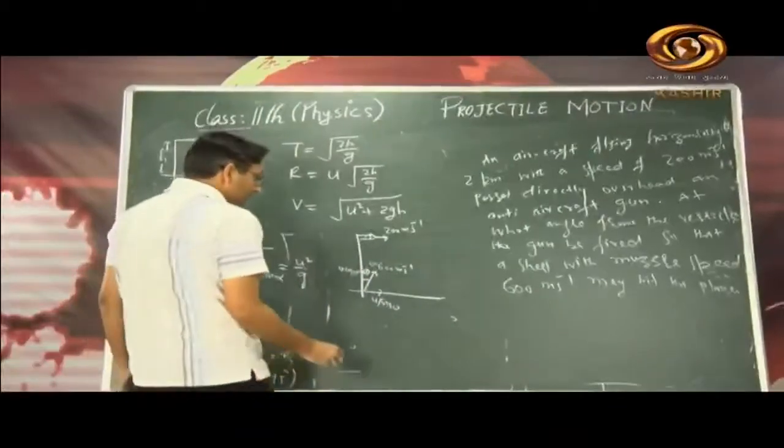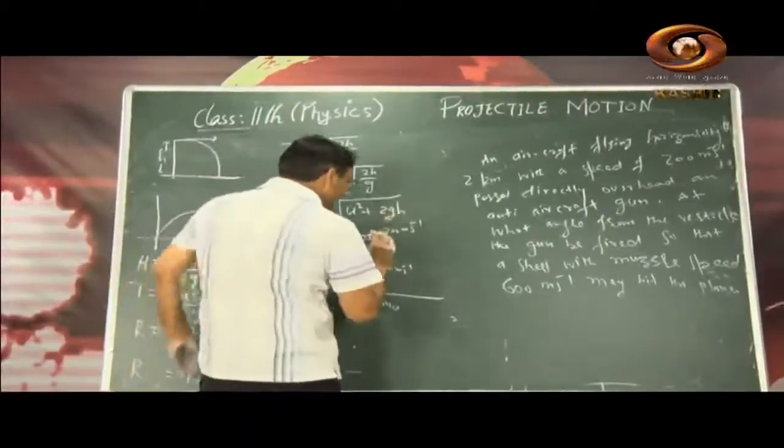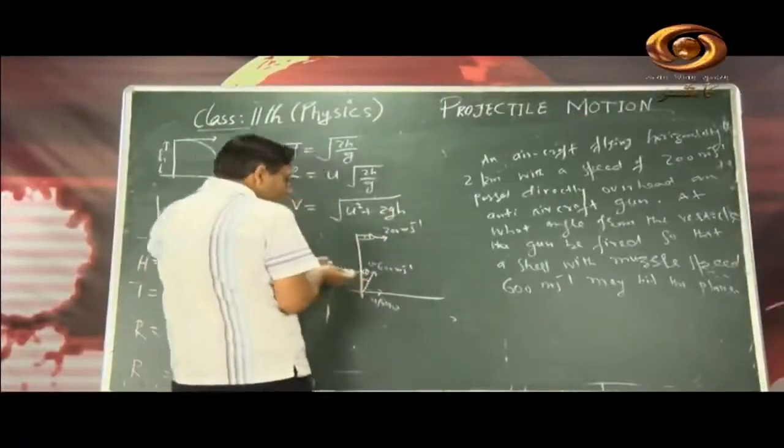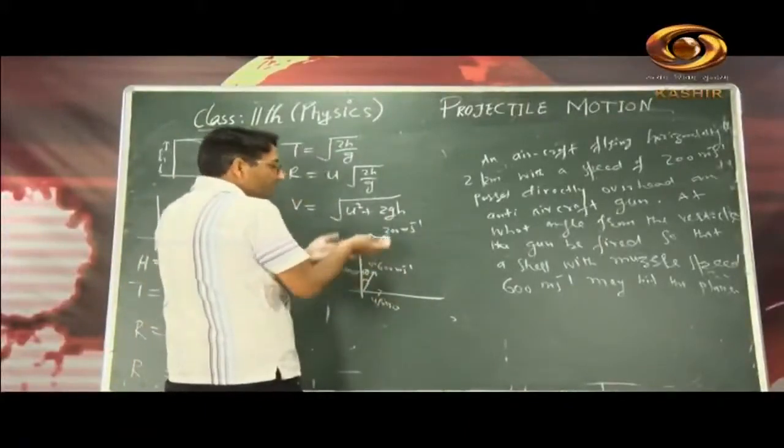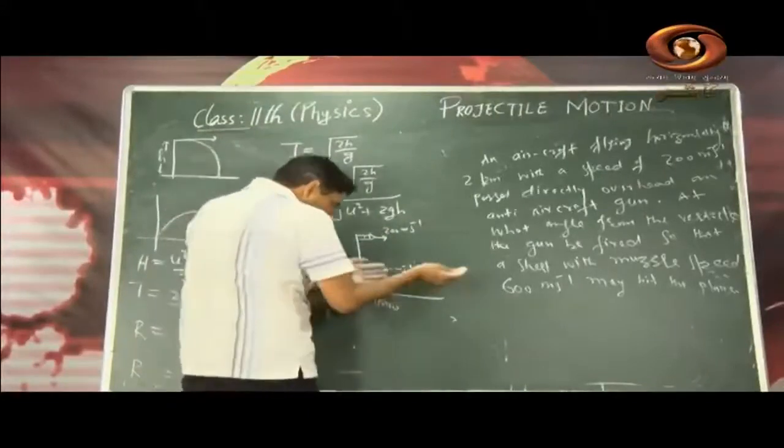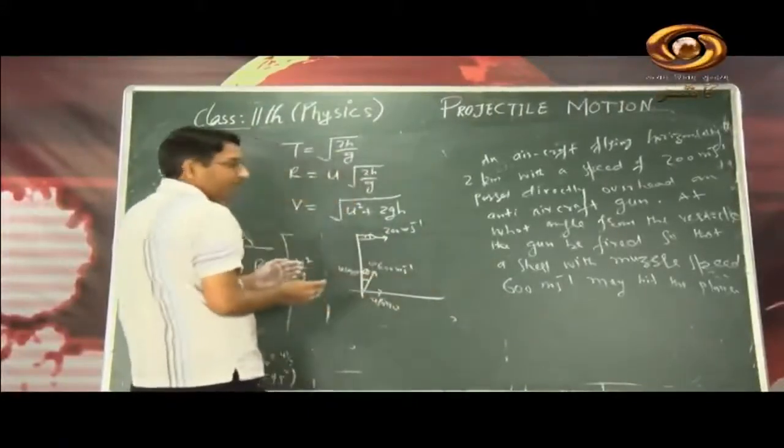So it has two components, u sin θ and u cos θ. u cos θ will build up the height, but u sin θ takes it linearly in the forward direction.